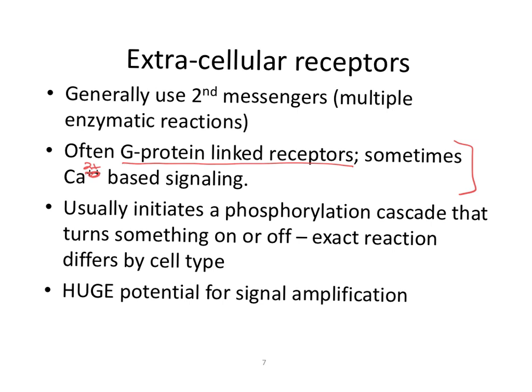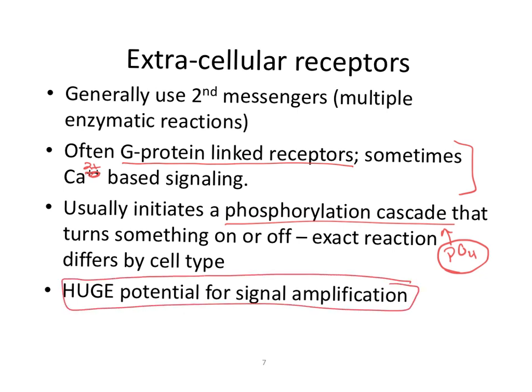Sometimes it will start a phosphorylation cascade, and what that means is that a phosphate group, PO4, can be added to an enzyme, which will turn that enzyme on or off. The most important thing about these extracellular receptors is that they have a huge potential for signal amplification.